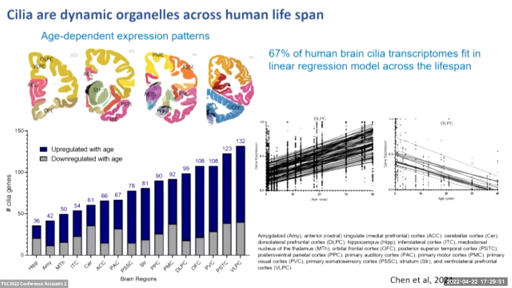The majority of cilia genes that change with age show an increase with age, while fewer showed a decrease with age. And as you see here, the ventrolateral parietal cortex showed the highest number of dynamic cilia genes. That means this region of the brain showed the most cilia genes that change with age.